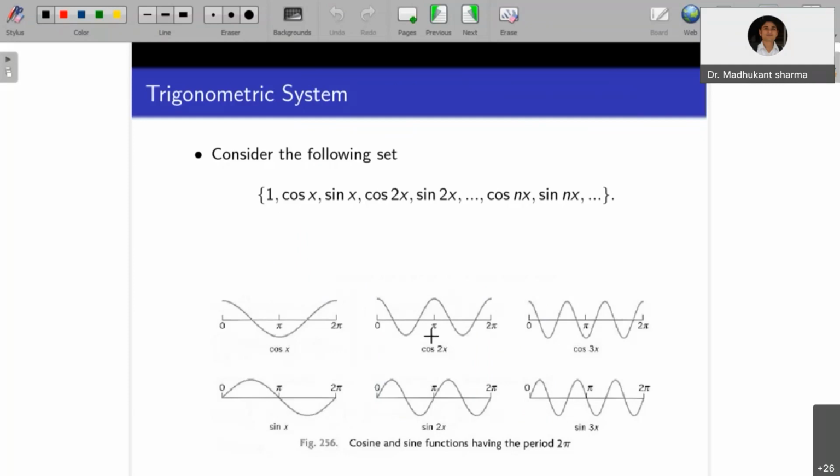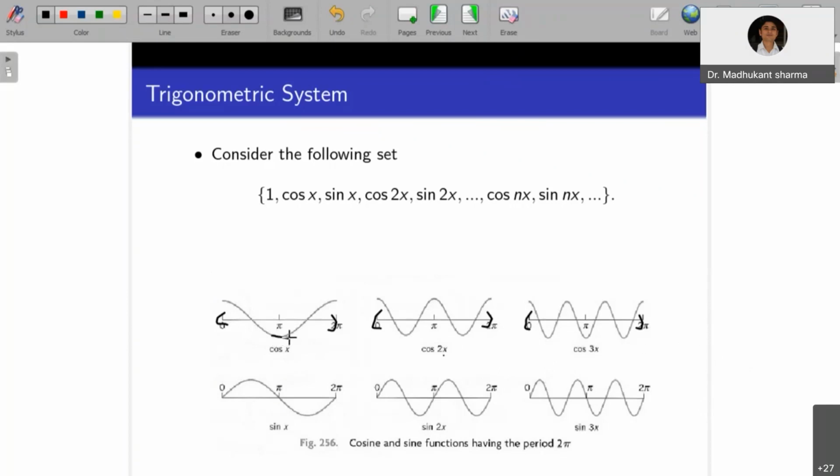Moreover, this is also something we are going to include in the Dirichlet conditions. Another important thing is that between the period 0 to 2 pi, if you increase the coefficient of x to 2, 3, and so on, the number of oscillations becomes more and more. But as long as it is finite, how many extrema are there? In the first case it is 1.